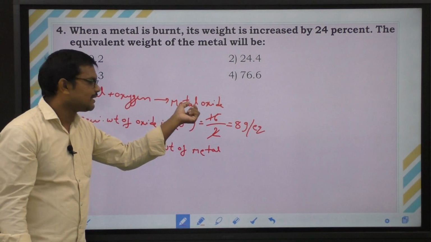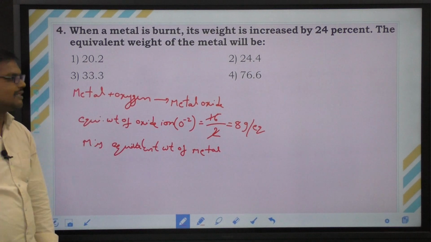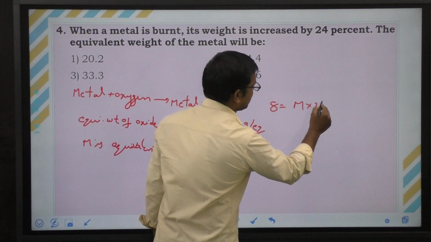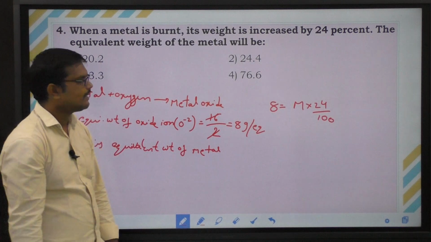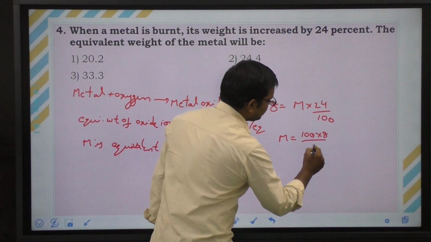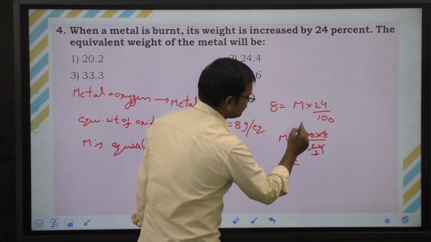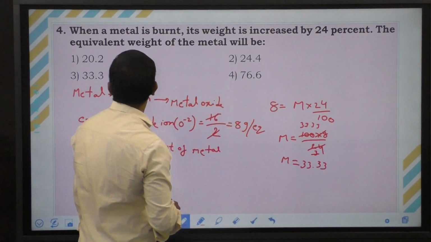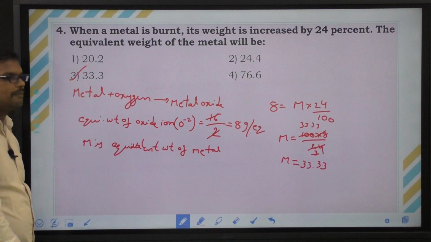The metal oxide formed is 8 grams more in mass, which is 24% of m. So 8 equals m into 24 by 100, then m equals 100 into 8 by 24, which gives 33.33. Option 3. The equivalent weight of the metal is 33.3.